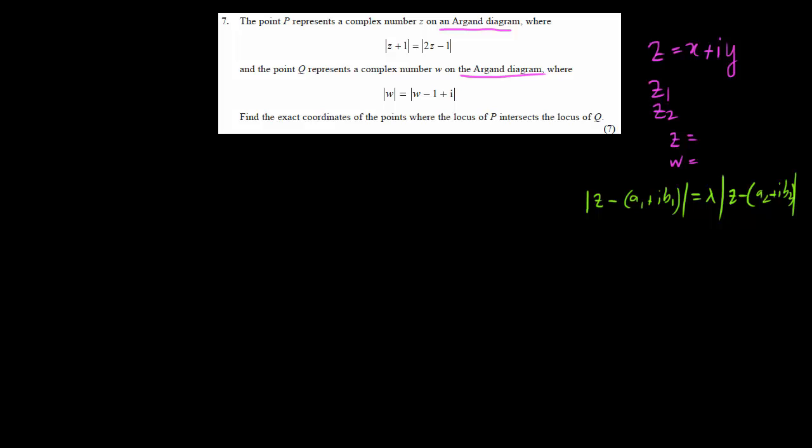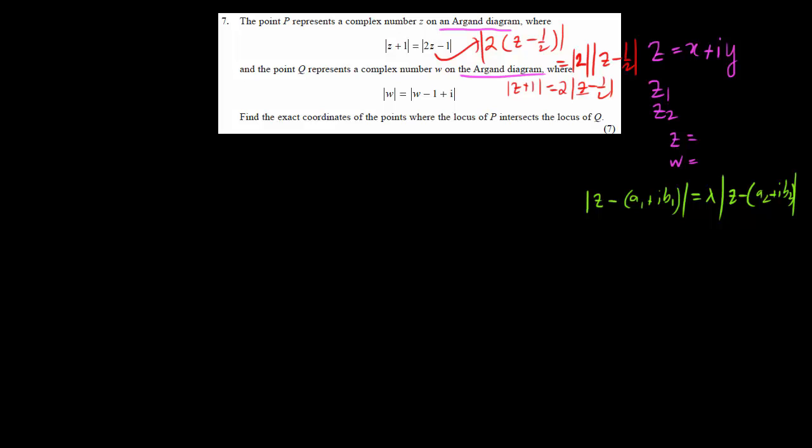But if you pay attention, you would see there actually is, because if I take 2 common from this side, the z coefficient has to be free, it becomes z minus half, and if I put the modulus, it becomes modulus of 2 times modulus of z minus half. So modulus of 2 is 2, and it is basically modulus of z plus 1 equals 2 times modulus of z minus half. So this is a circle, but it doesn't appear to be so, because the constant is multiplied with it. So let's start doing the sum.